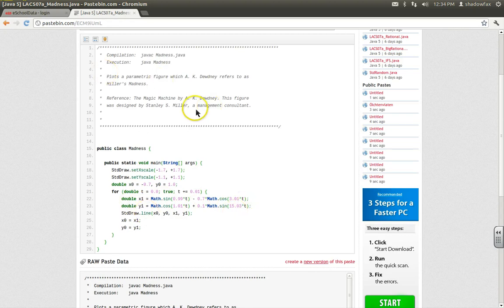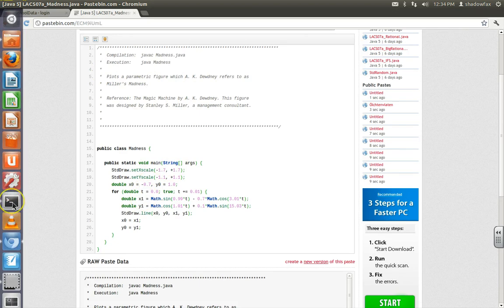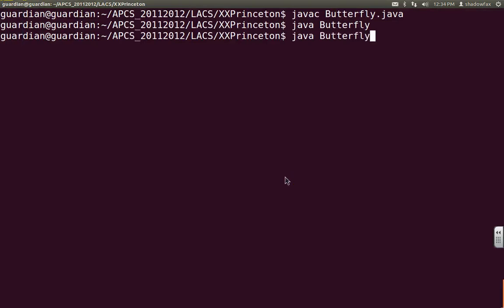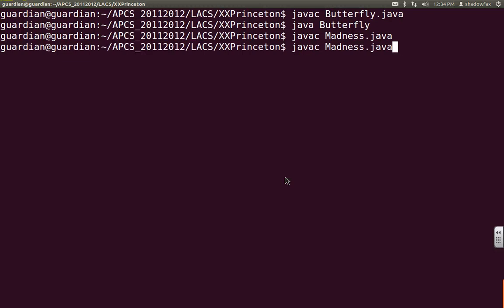All right, let's just run this. So javac Madness. There it goes. I don't think it needs any args input, any command line input, so let's run it like this.